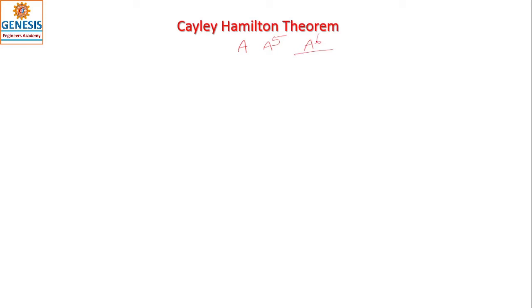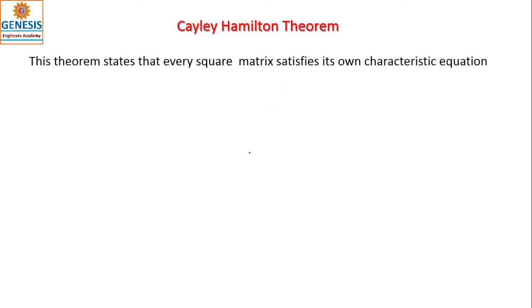You got my point? That is about the Cayley-Hamilton theorem. This theorem states that every square matrix satisfies its own characteristic equation. So the matrix satisfies its own characteristic equation. Suppose lambda square, 2 lambda.